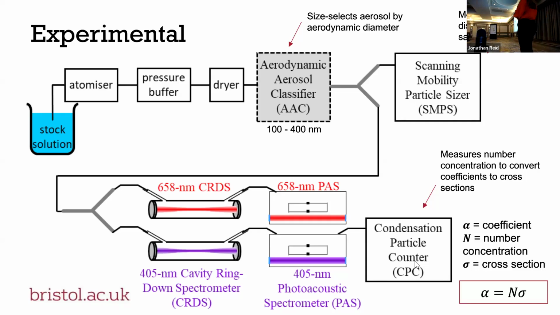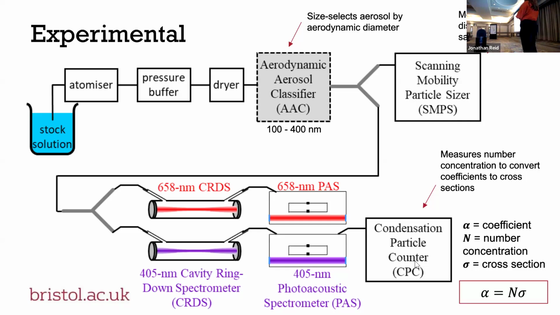And we do this between 100 and 400 nanometers in 25 nanometer increments. Then we measure our mobility size distribution using an SMPS, scanning mobility particle sizer. So if we've got measurements of our aerodynamic diameter and our mobility diameter, we can then calculate the density of our particles.